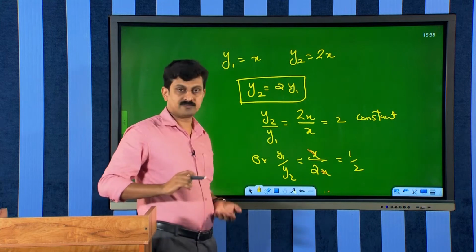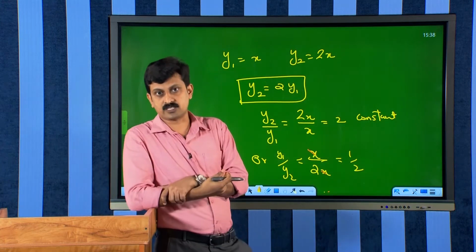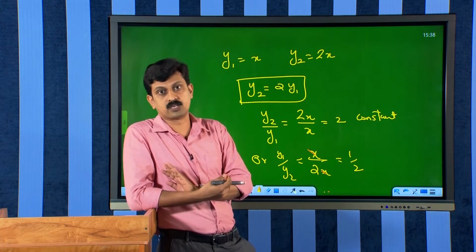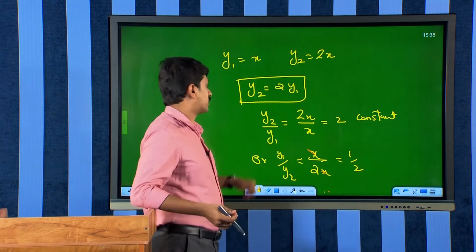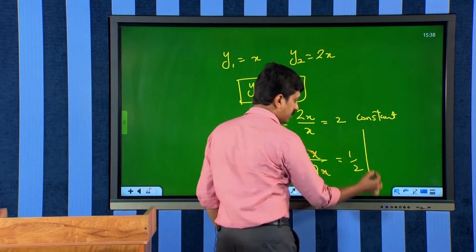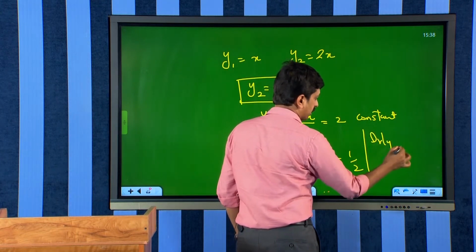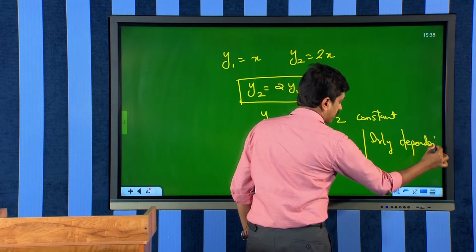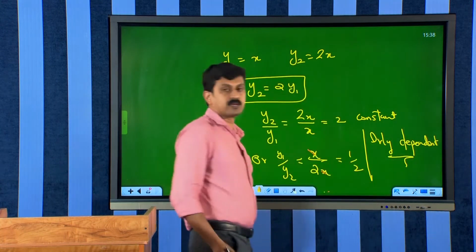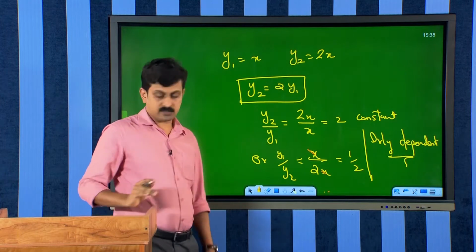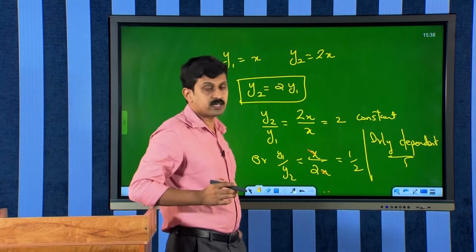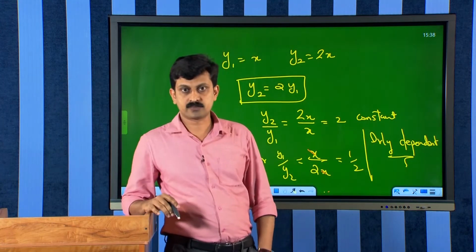If the ratio of two functions is a constant, then both functions are linearly dependent. So the functions x and 2x are linearly dependent.